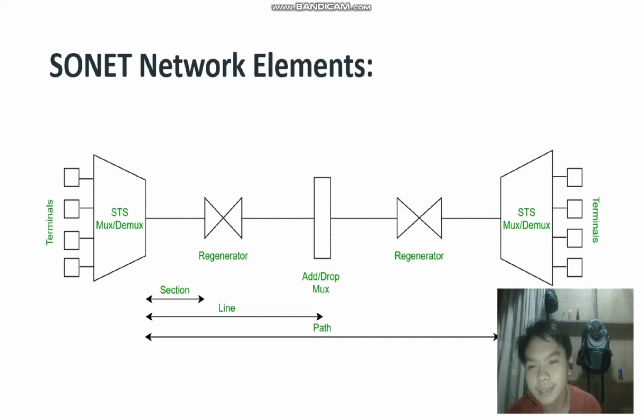So we can see here the section in STS mux and regenerator. You can see here the section, then here the section. Then here represents the line from STS mux to add or drop mux, then from add or drop mux to STS demux. You can see here the two lines, and the overall is called the path.